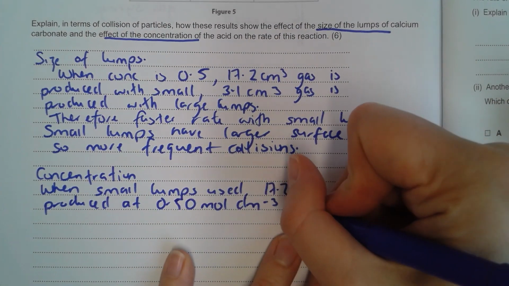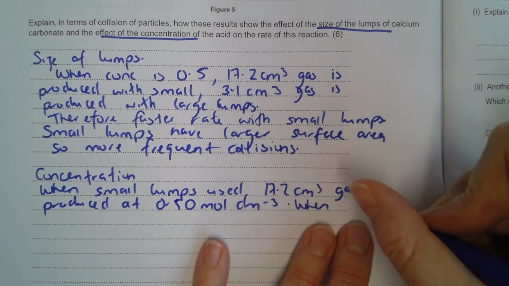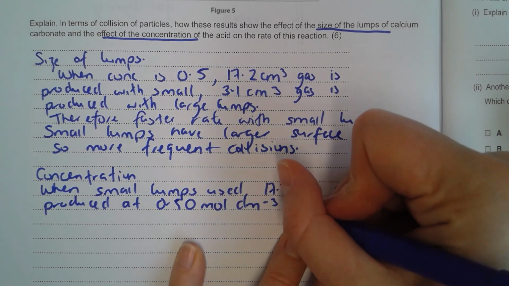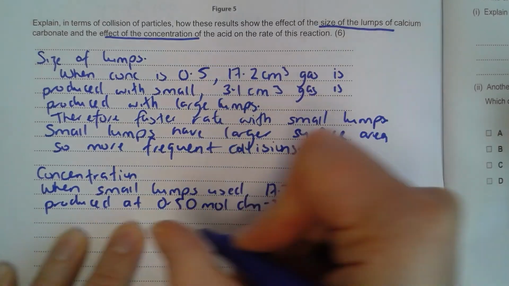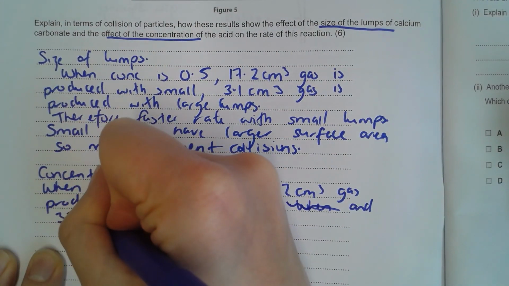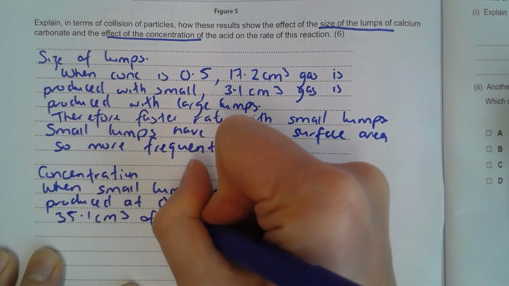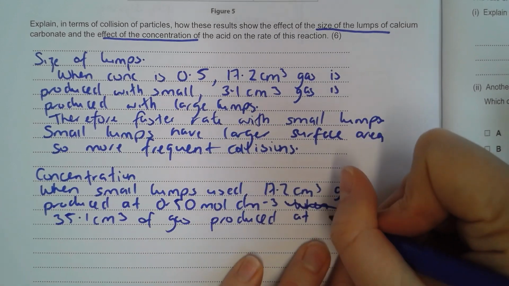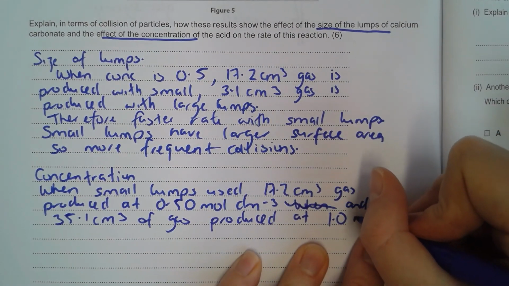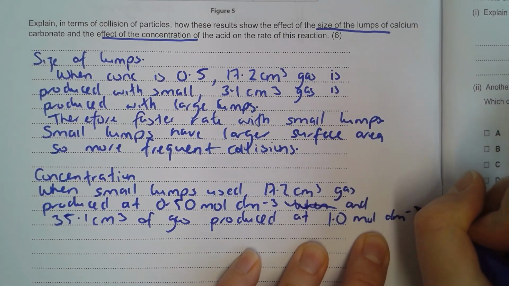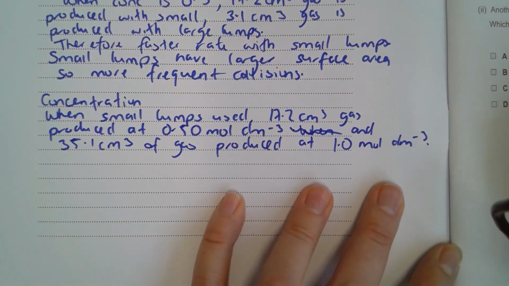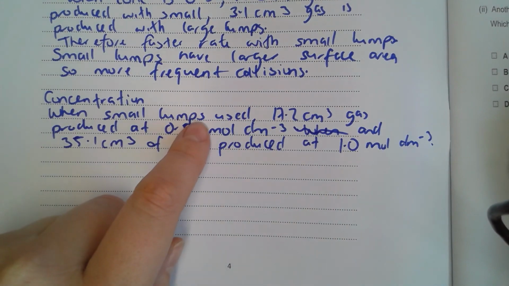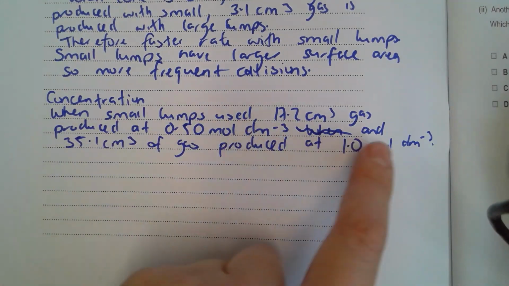And then I can say when small lumps are used, 35.1 centimeters cubed of gas is produced at 1.0 moles per decimeters cubed. Okay, so I'm just talking about one size of lumps, 17.2 if I use 0.5 and 35.1 if I use 1.